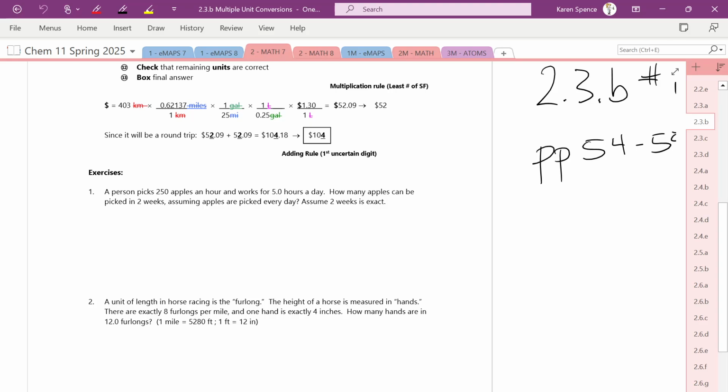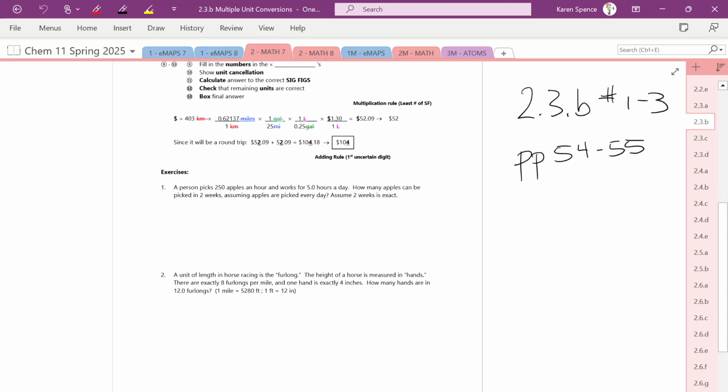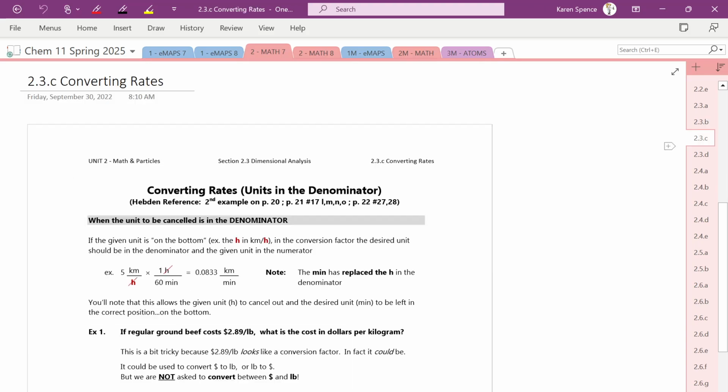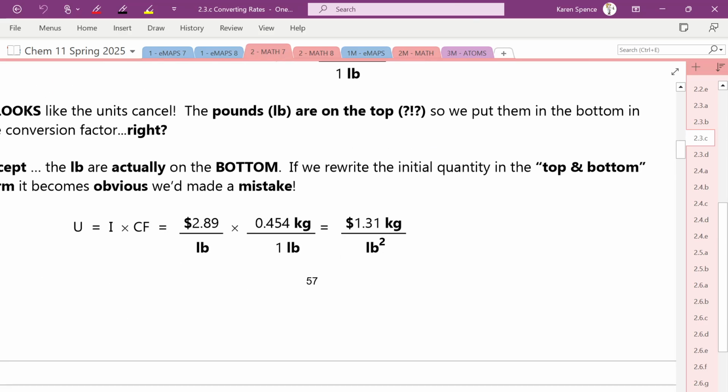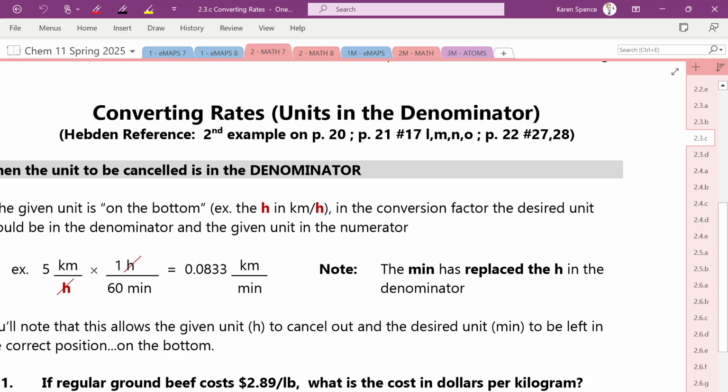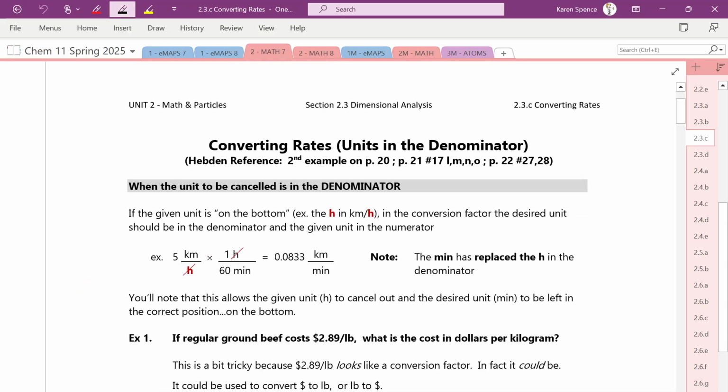No? We're good? All right. In that case, we're going to move on to converting rates, which is on page 57.